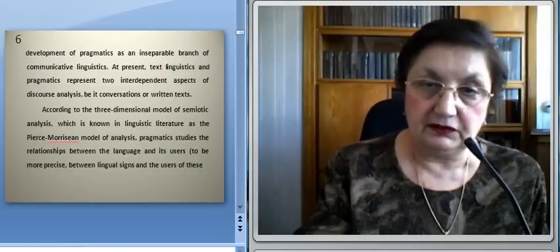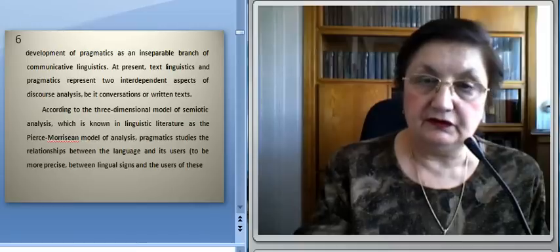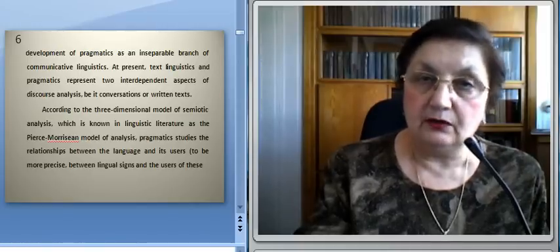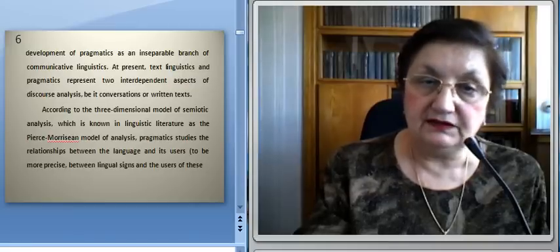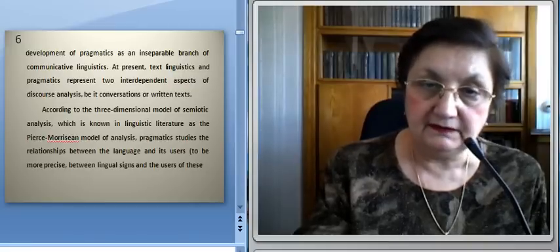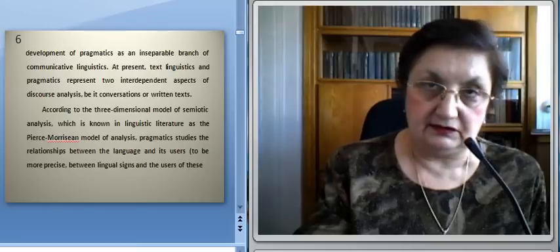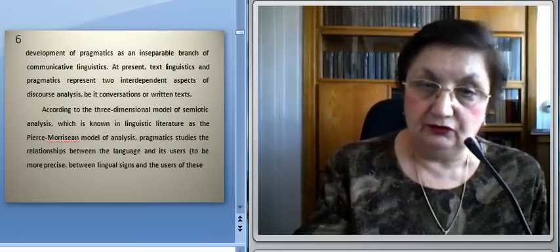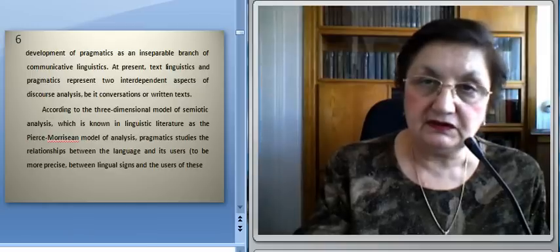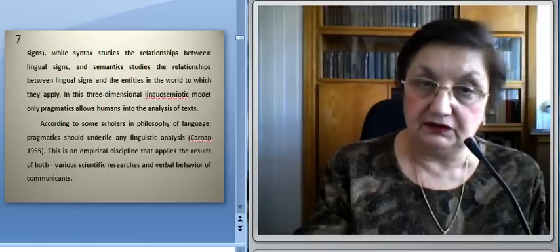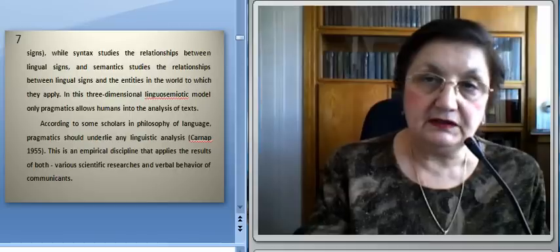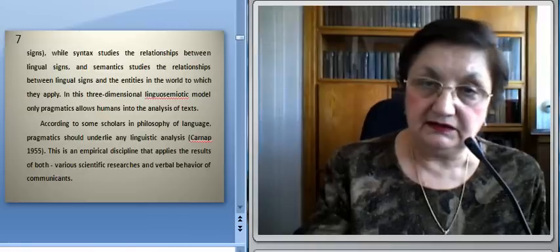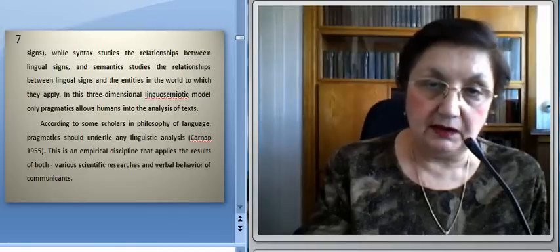According to the three-dimensional model of semiotic analysis, which is known in linguistic literature as the Peirce-Morris model of analysis, pragmatics studies the relationships between the language and its users, to be more precise, between the lingual signs and the users of these signs, while syntax studies the relationships between lingual signs and semantics studies the relationships between lingual signs and the entities in the world to which they apply.